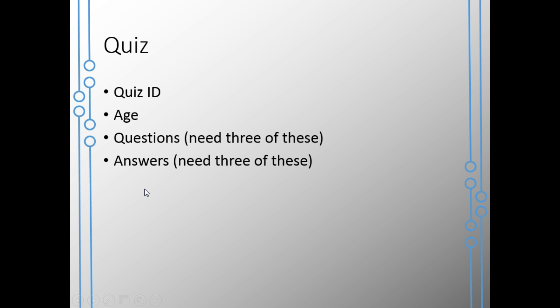For the quiz, we need a quiz ID, a way of uniquely knowing which test this is for. Depending on how you do it, you could end up using dates plus the name of the test or subject. We also need the age that this test is for. And we need 3 questions and 3 answers: question 1, answer 1, question 2, answer 2, question 3, answer 3.